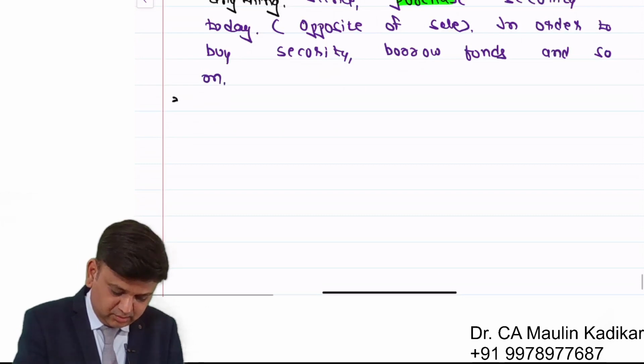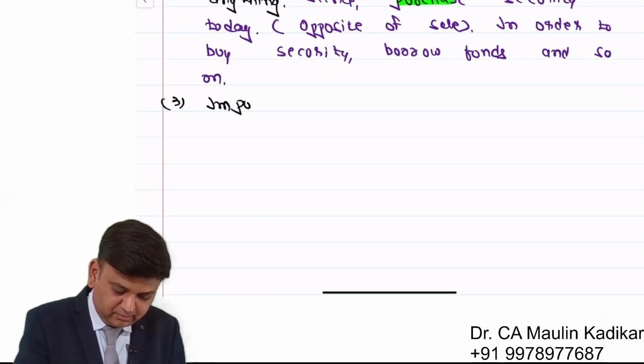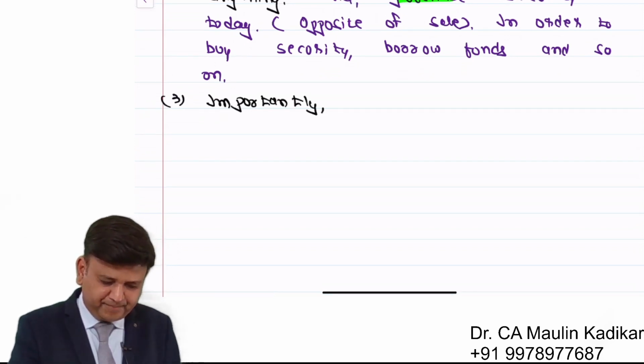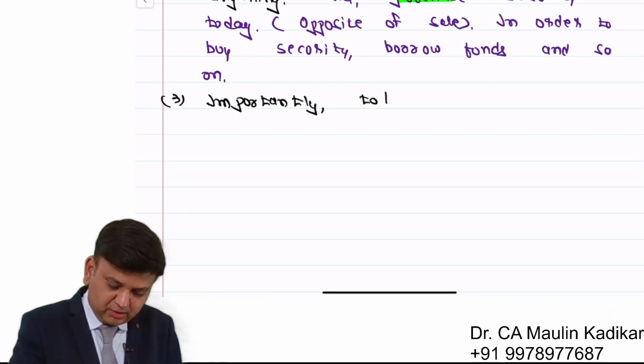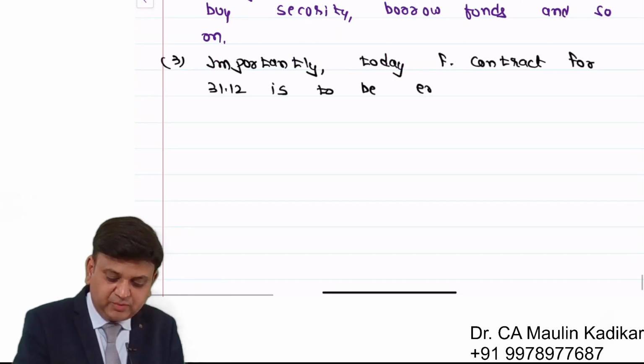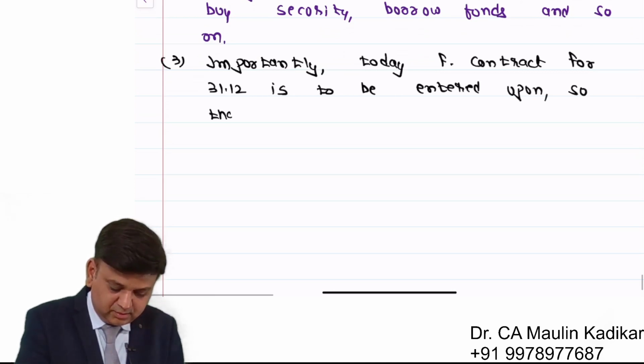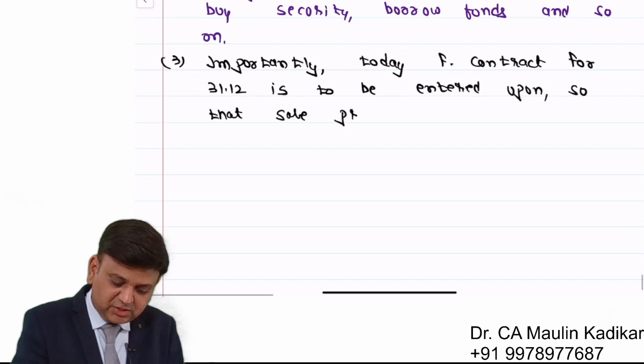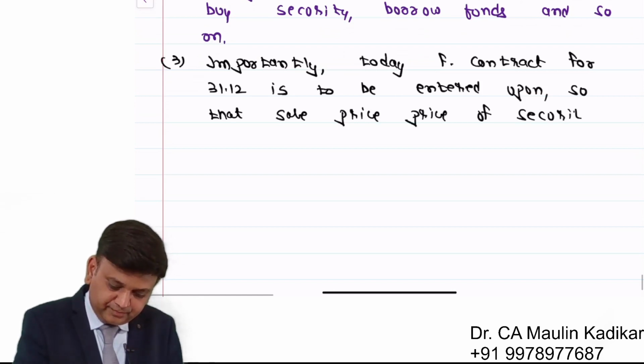Third point, importantly, today F contract for 31st of December is to be entered upon, so that sale price of security is fixed.